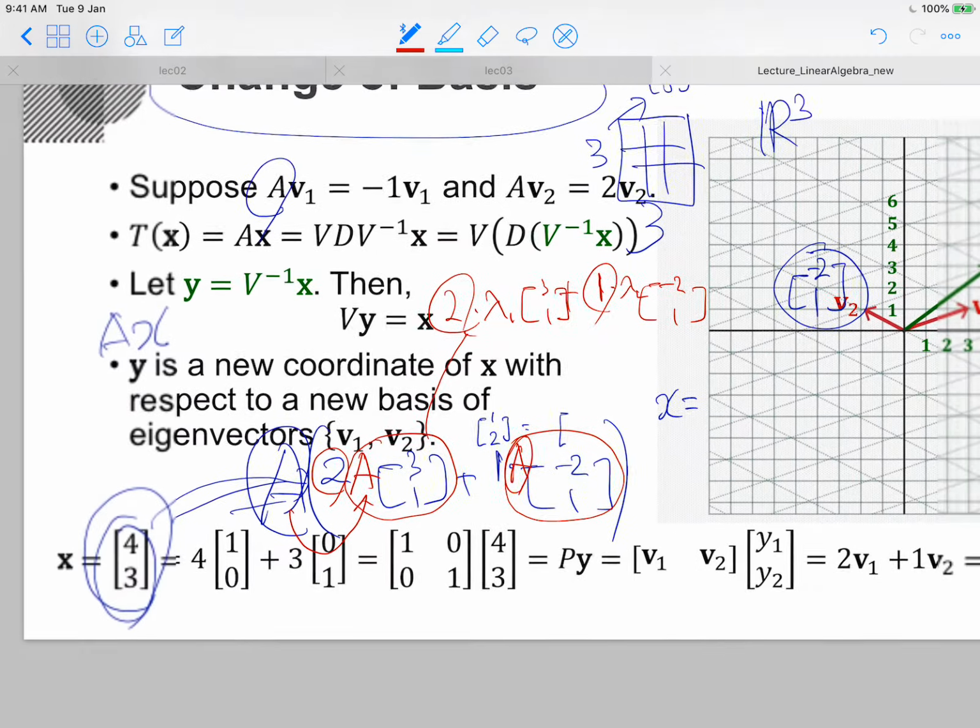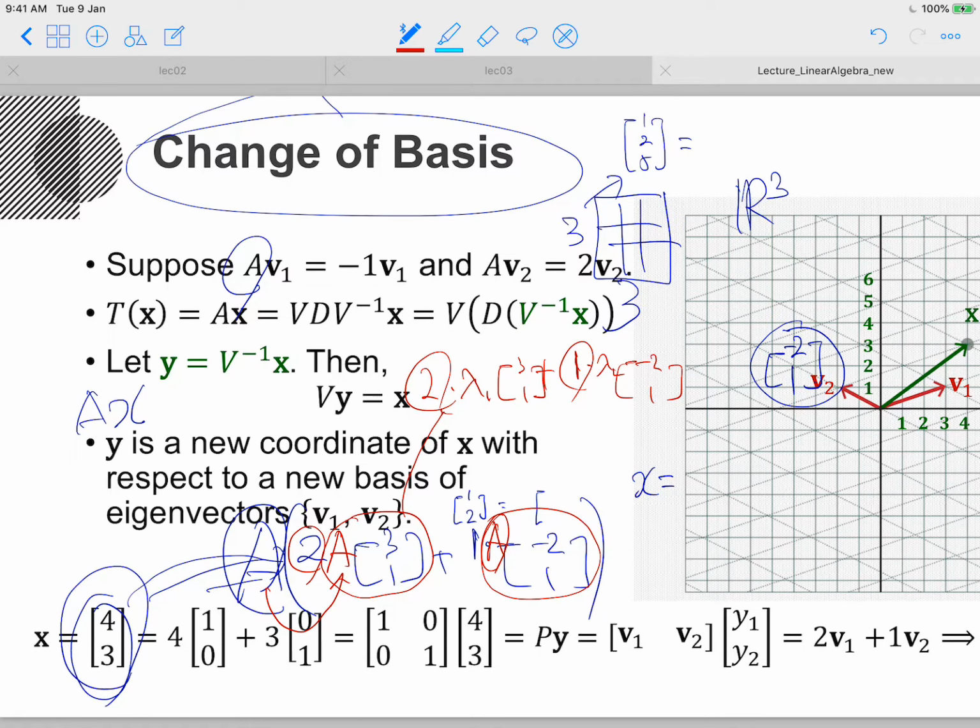And how about A to the power of n times x? Let's imagine this situation where we need to multiply A n times.